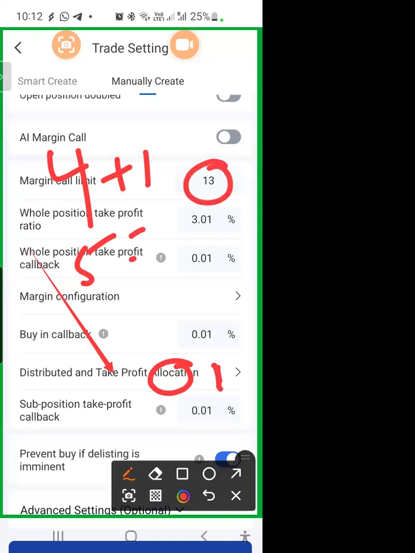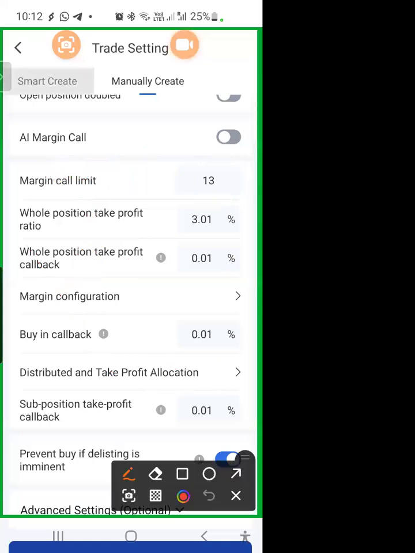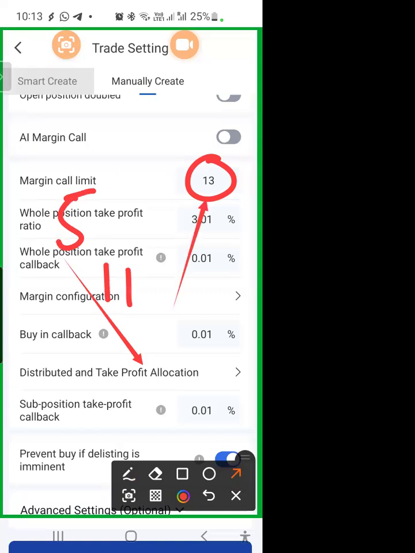If you set, for example, 13 margin calls here, you are going to find 11 at this place. What does this 11 mean? It means their subposition starting from 50 to 11. Yet here you put 13, so just add the first 4, as we explained, together with 11, then you get your 13 margin calls.